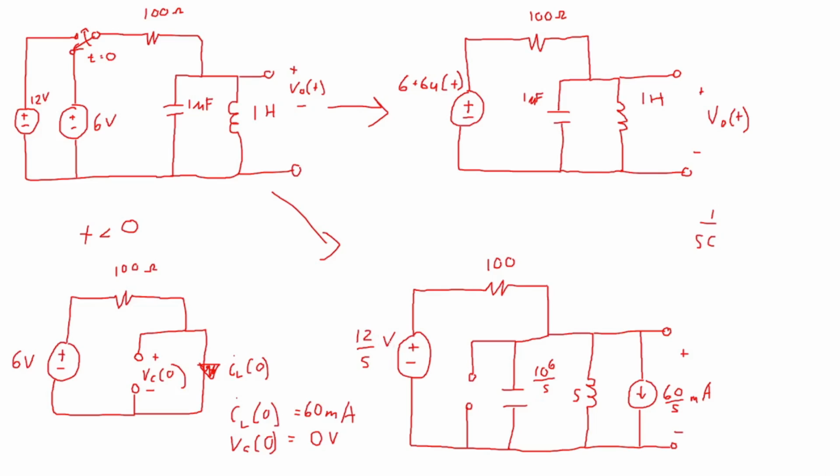Okay, and so then this is 12 over S. We just want to remember our scale. So this is volts, and then the 60 over S is milli. So it would probably be cleaner to say this is like 0.06 over S. If we want to drop our units, we would write this as 12 over S and 0.06 over S, and then it would be really easy.